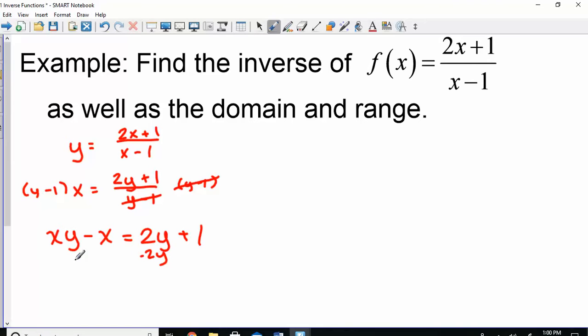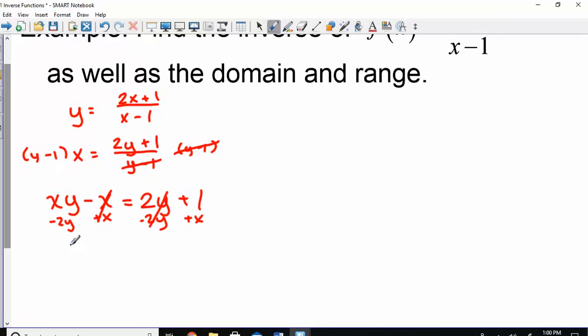If I want to bring my y's over, I need to subtract over this 2y. I'm going to add my x. Now xy and 2y are not like terms, so they both stay. But both of those have a y, so I can't actually subtract them, but I could factor out that y.